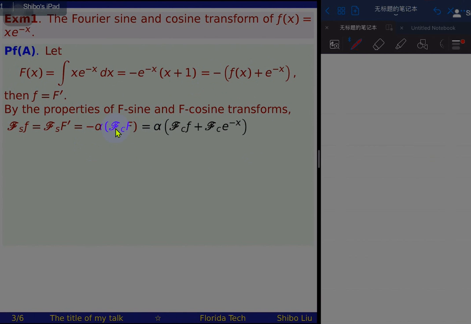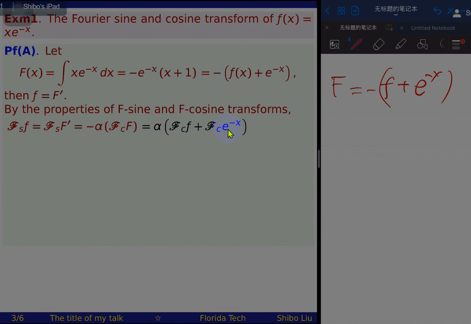Therefore, we have alpha times the Fourier cosine applied to small f plus the Fourier cosine applied to the exponential.